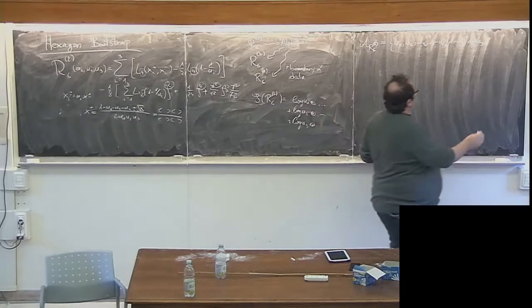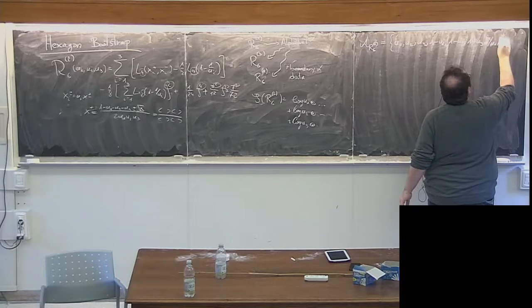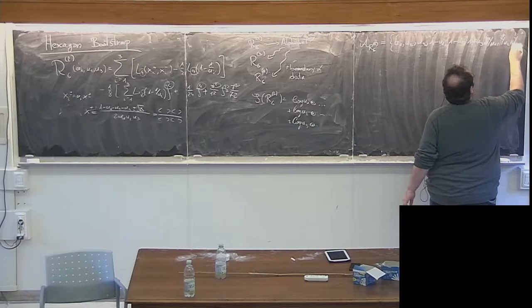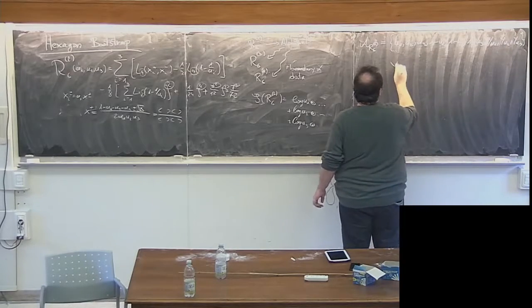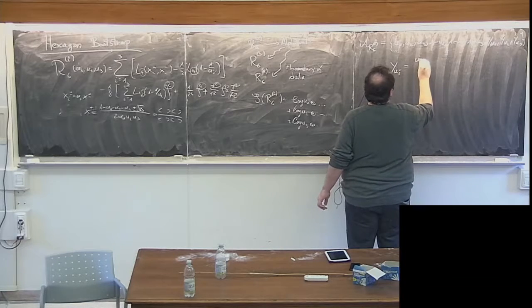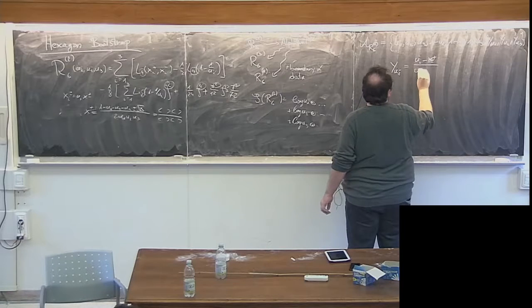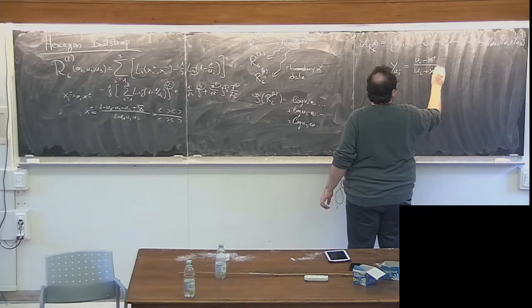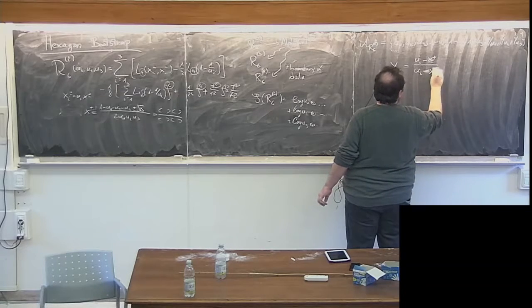And in addition, there is something that you can call y1 to y3, which are defined in the following way. y_ui is ui minus x plus divided by ui minus x minus.